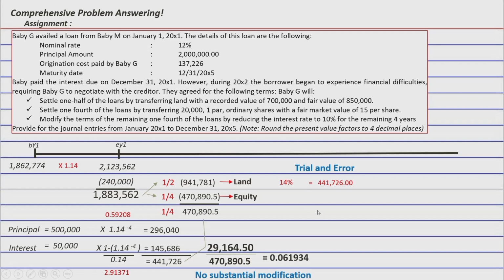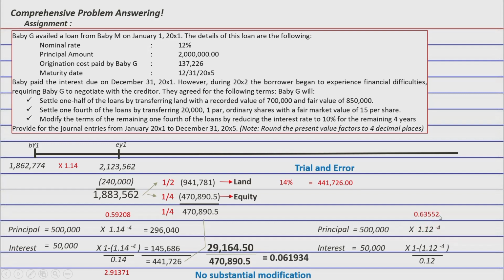Now, for the second rate, I will try using 12%. So 500,000 principal times 1.12 raised to the power of -4. And as to interest, we have 50,000 times 1 minus 1.12 raised to the power of -4 over 0.12.